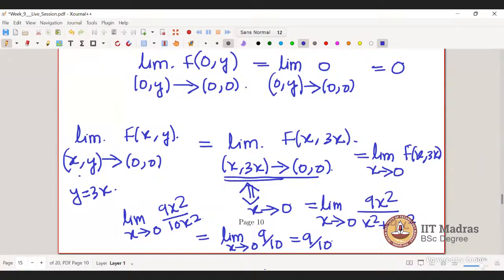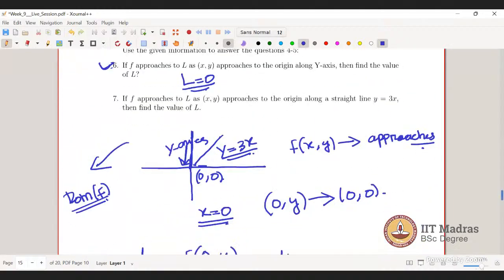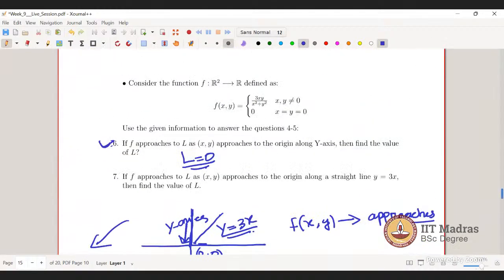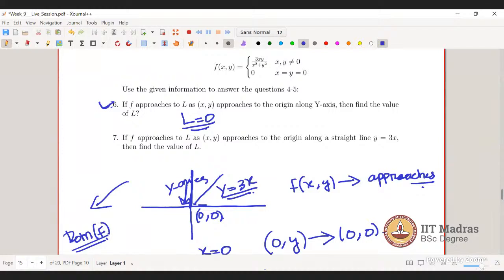As you can see, what you are getting, if you are coming to origin along y-axis, then the value of f of x approaches 0. But when you are coming to origin along the y equal to 3x line, then the value of the function approaches 9 by 10.